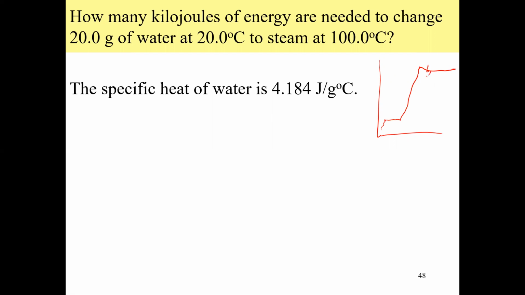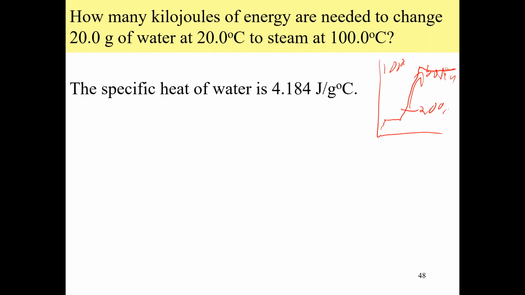This is where it's boiling. So essentially you heat up the water first from 20 degrees Celsius to 100 degrees C, and then the boiling occurs there, all the steam.